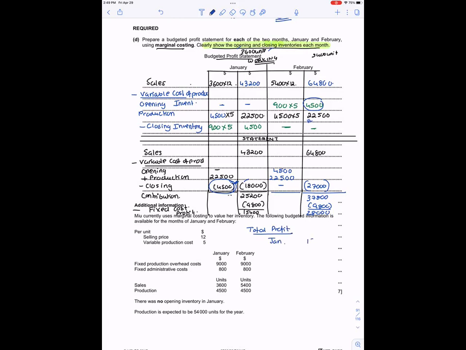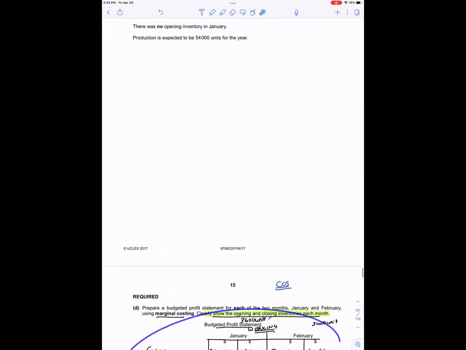Total profit for Jan is 15,400. For February is 28,000. So your total will be 43,400. This working, if you are doing it, just show it over here.